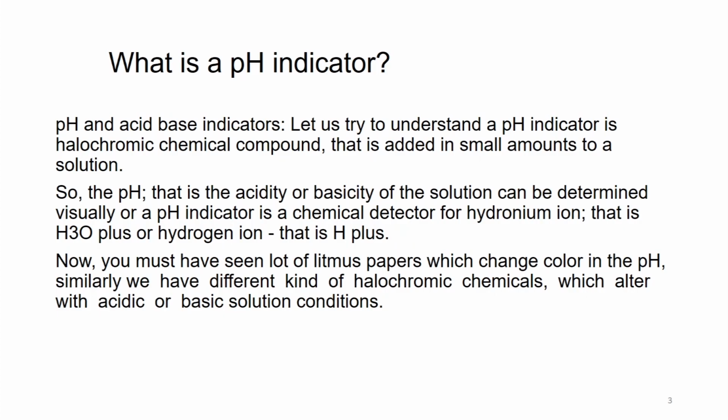So, the moment we dip the litmus paper, it would show the pH of that solution, and there is a ring that comes where different colors are mentioned according to the pH value from 1 to 14, and that is something that is called a litmus paper. And similar to that is a pH indicator. That means the moment you dip into that, you will be able to know what kind of pH it has, acidic or basic.